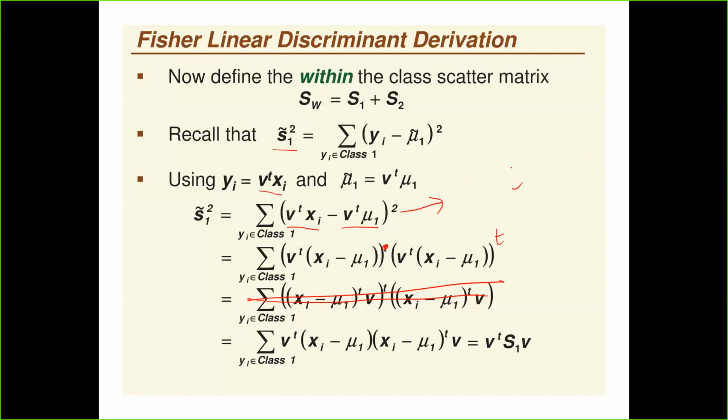This is equivalent to V transpose xi minus V transpose mu1 times V transpose xi minus V transpose mu1 transpose, as per the previous slide. Take V transpose common on both sides, you will get V transpose xi minus mu1, V transpose xi minus mu1 transpose. Okay, so is it clear? Are you with me so far? Till this point.